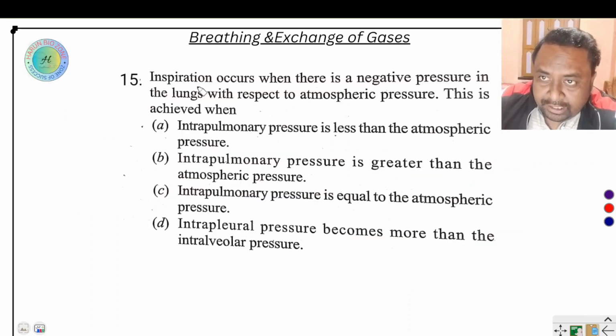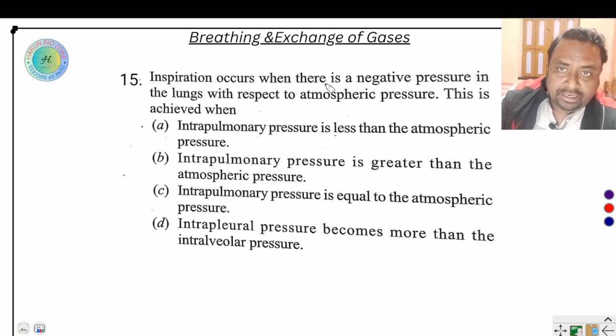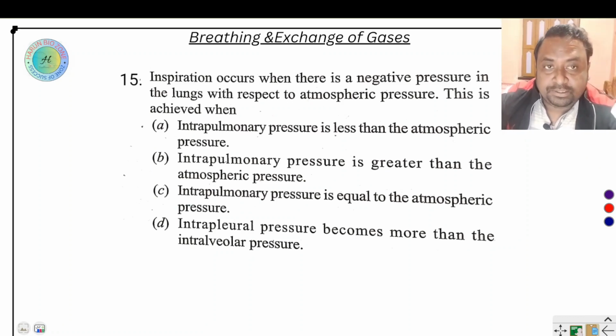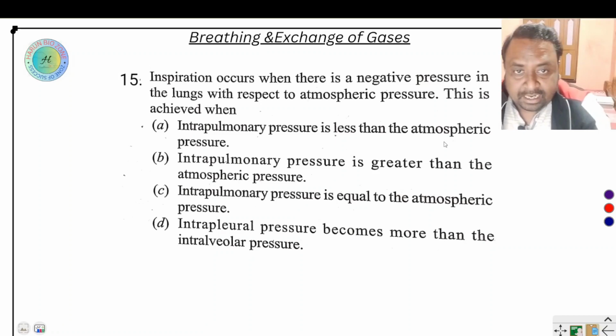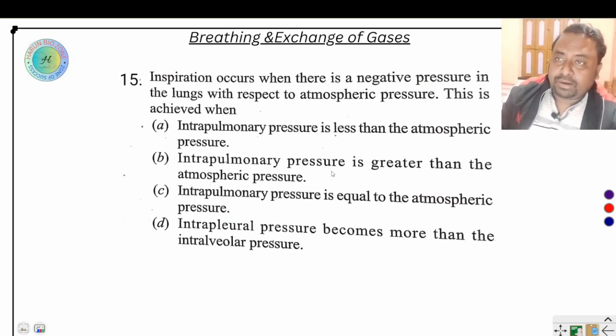Next question. Inspiration occurs when there is a negative pressure in the lungs with respect to atmospheric pressure. Inspiration means air enters into the lungs. So when the atmospheric pressure is higher than the lungs pressure, the intrapulmonary pressure is less than the atmospheric pressure.